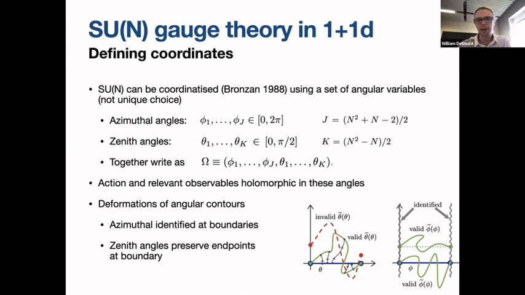So the azimuthal angles are identified at boundaries, but the contour can deform the value at the boundary. Zenith angles, we need to preserve the endpoints at the boundary. So there's 2 different types of deformation we're going to be doing, azimuthal ones and zenith ones.